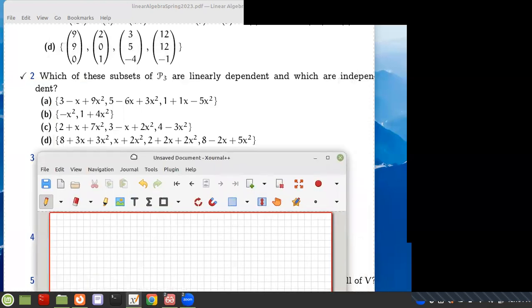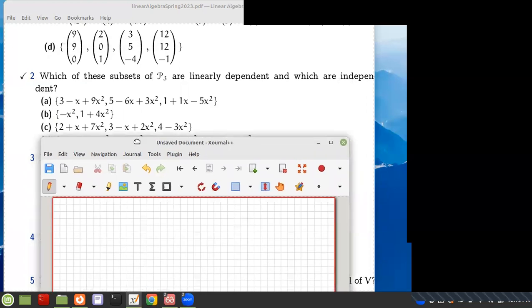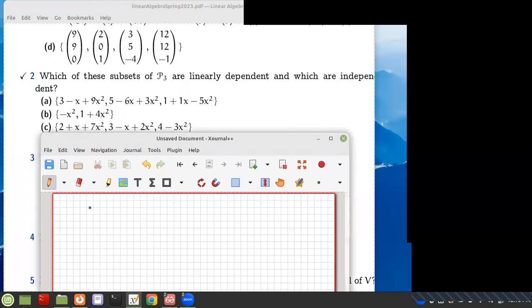Okay. Let's see. Why don't you guys try, although it's a little bit harder. Let's try C. S is equal to 2 plus x plus 7x squared, 3 minus x plus 2x squared, and 4 minus 3x squared.